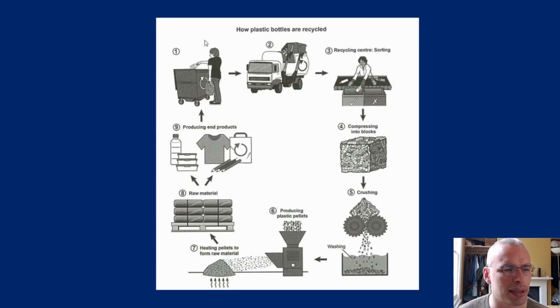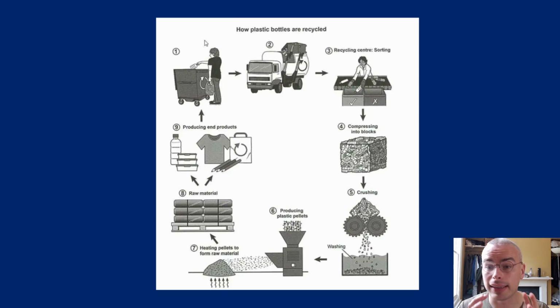The other way you can break something down into stages that's often very useful for IELTS is to look at the state it is in. And by state, I mean what type of product or what type of thing you're dealing with. So at the start here, you can see it's a bottle, and through 1, 2, and 3, it's a bottle all the way through that. But then eventually it becomes a block, then it becomes raw materials, and then it becomes end products.